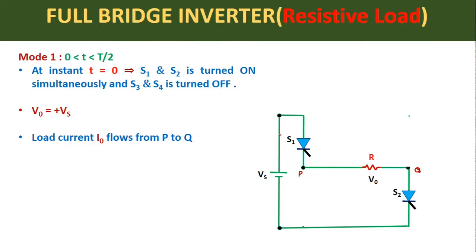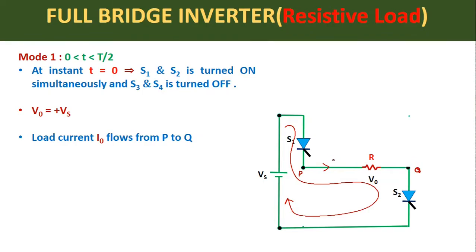So now the current will flow from the positive terminal of this voltage source to the negative terminal of this voltage source in the clockwise direction, as you can see in the diagram. Now the load current which is entering in the load will flow from P point to Q point towards the right hand side.